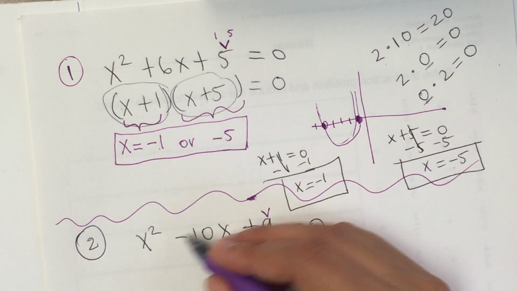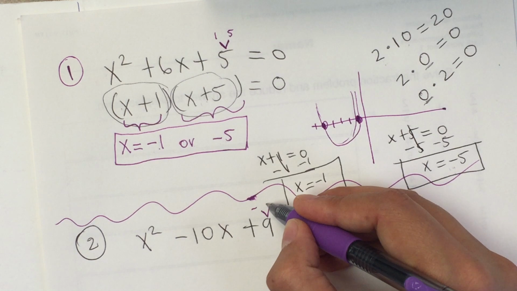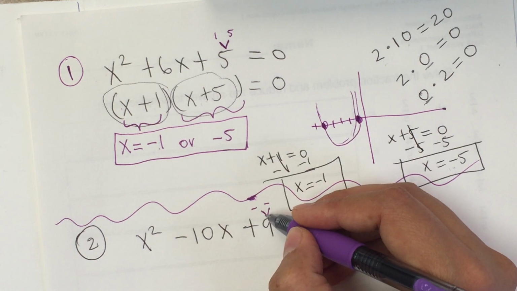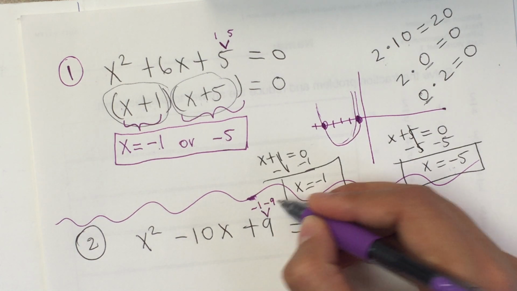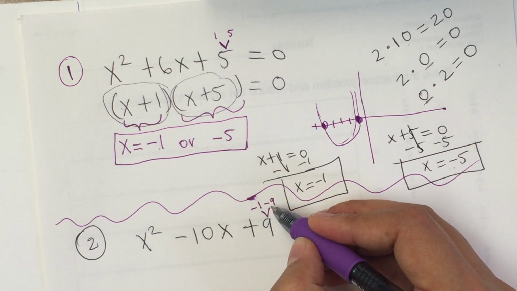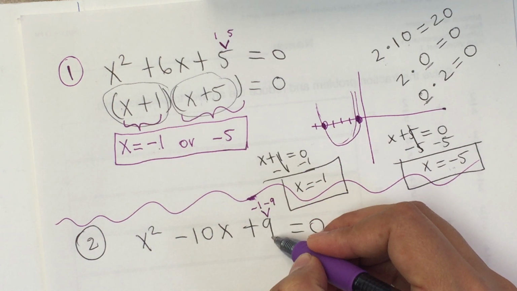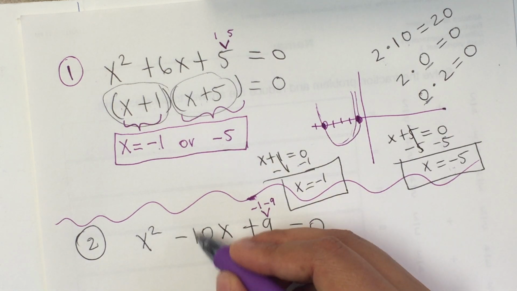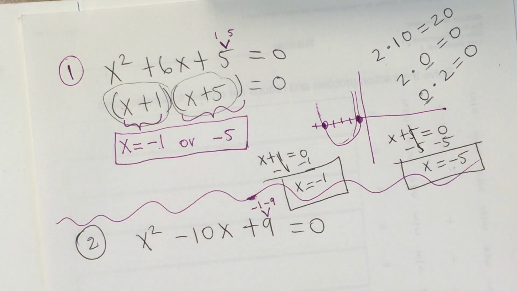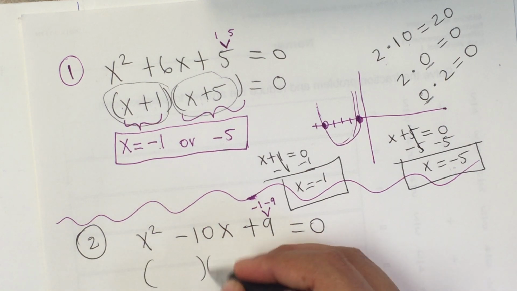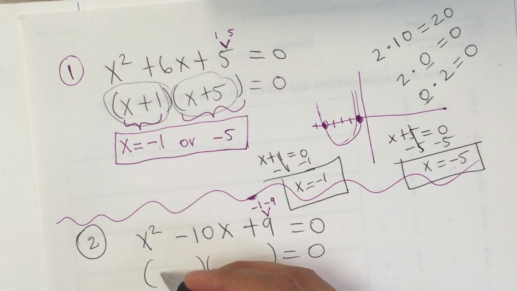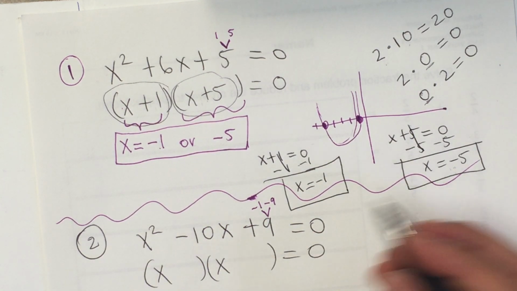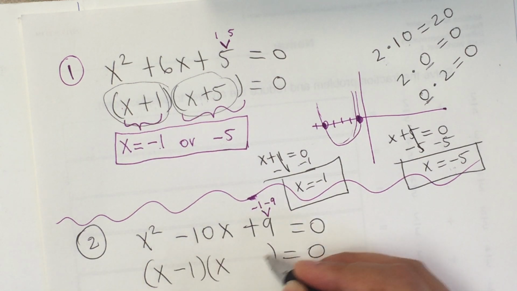Since when we add them it's -10, that means both of them have to be negative to make it positive. It's going to be -1 times -9 is +9, -1 plus -9 is -10x. So I open my parentheses and I just use those numbers.